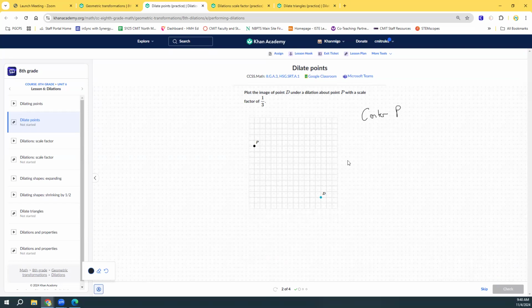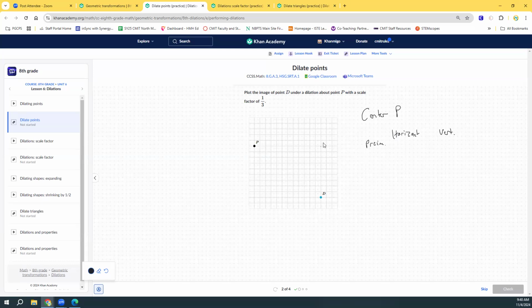And so let's talk about the horizontal direction and the vertical direction that D is away from P. Our pre-image is how far to the right? 1, 2, 3, 4, 5, 6, 7, 8, 9, 10, 11.